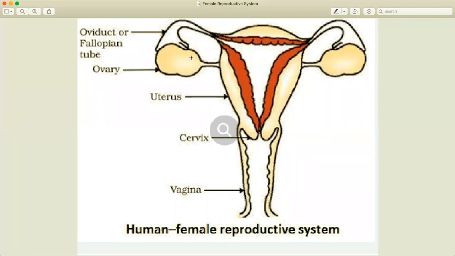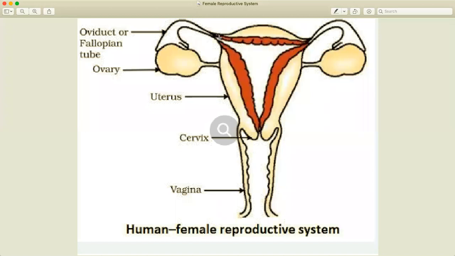Alternately, every month, one egg or ova cell is released from the ovary. When the egg cell is released, it moves from the ovary to the oviduct, this structure or fallopian tube, and travels through the fallopian tube and moves forward.